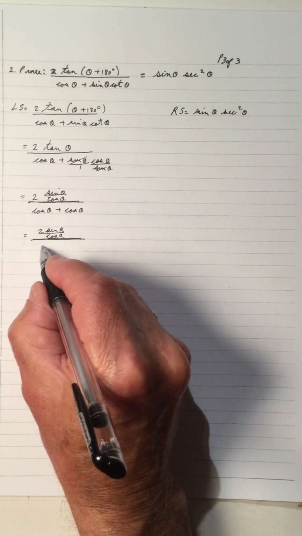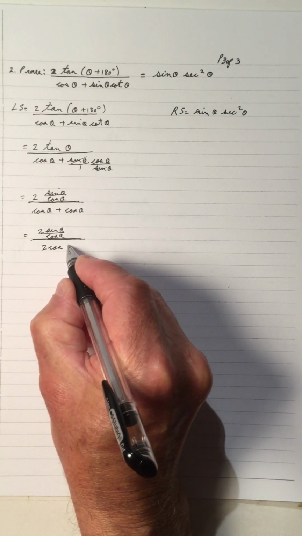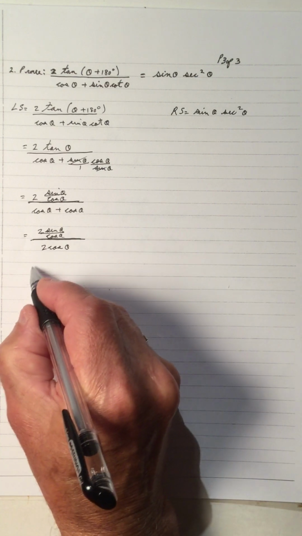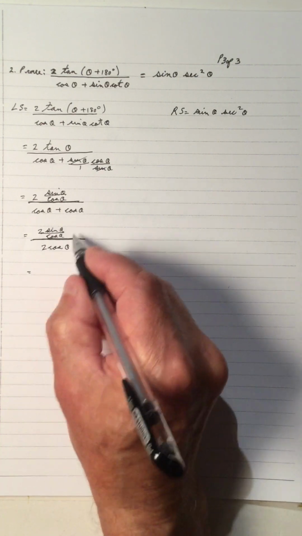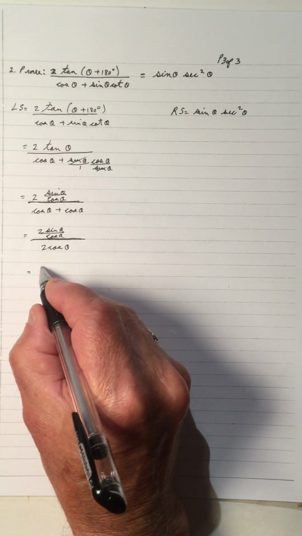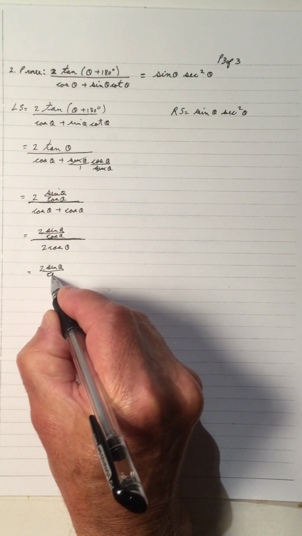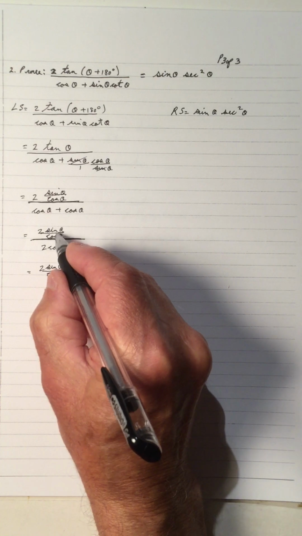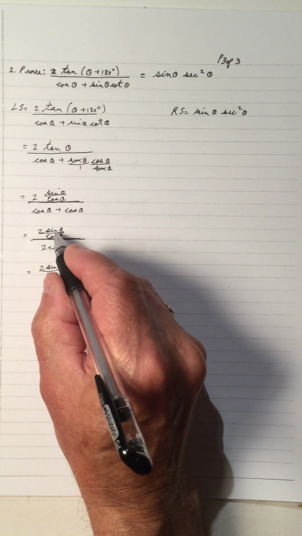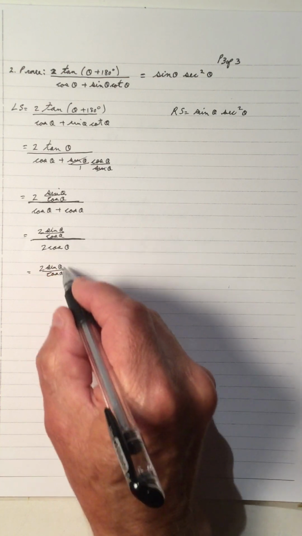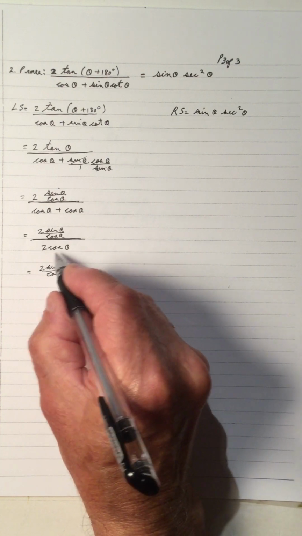Cos plus cos is 2 cos. And now we can take 2 sine theta over cos theta, because this is a complex fraction, we can multiply by the reciprocal.